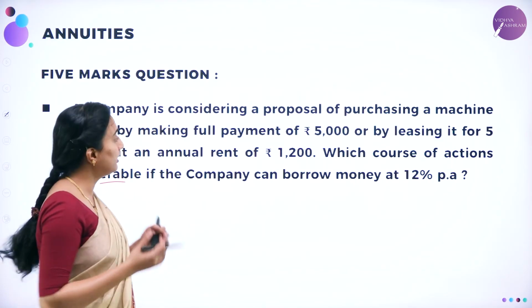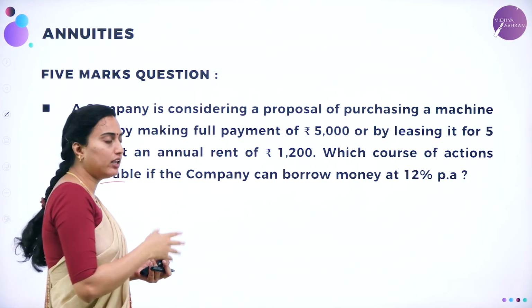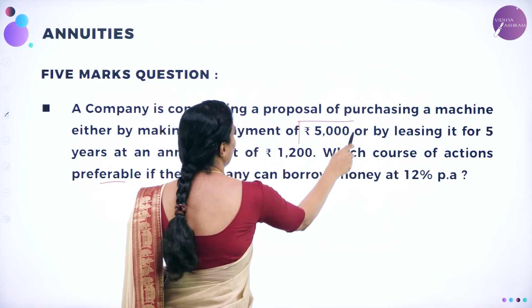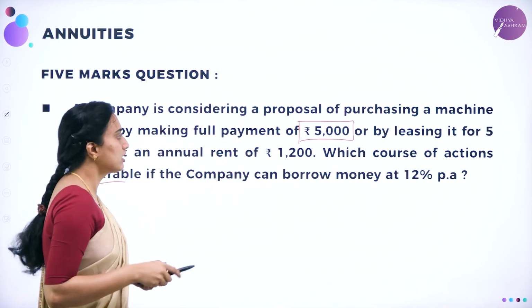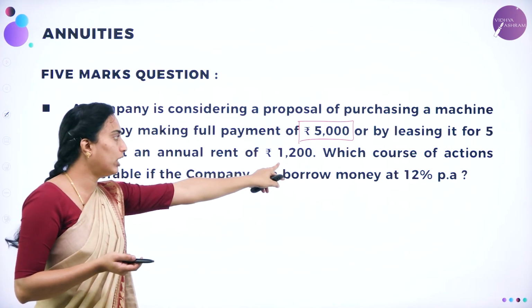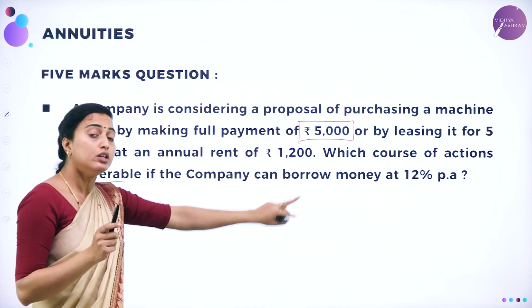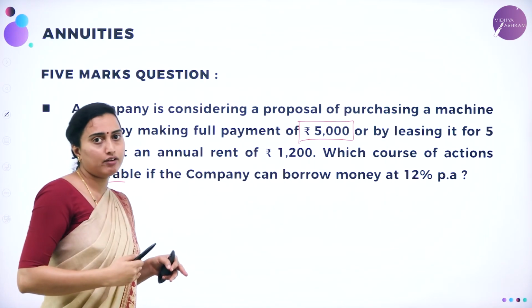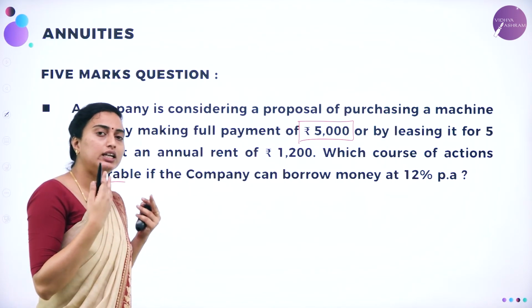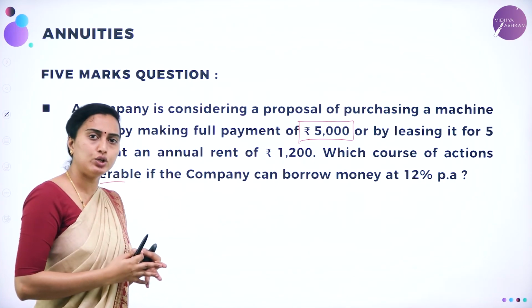So here they asked you whether it is better to buy by giving the full amount of 5,000 or to take a lease for 5 years paying 1,200 annually, at 12% per annum. So if you get a present value lesser than 5,000, then it is better to pay for a lease. Otherwise, a full payment you are going to have.